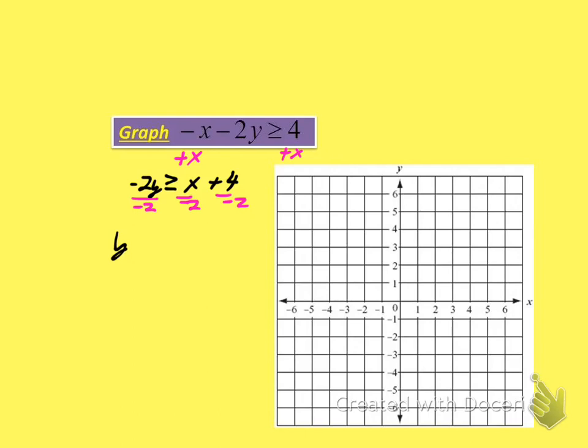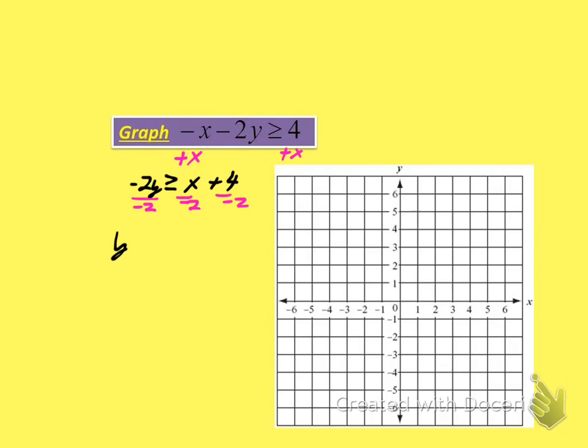Y is? Less than or equal to. Why? What'd you divide by? A negative. And you're working with an inequality. So you got to flip it. That still holds true. Always holds true.